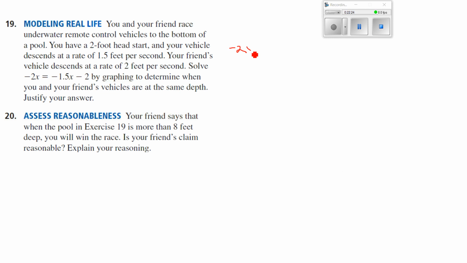Negative 2x is going to be equal to negative 1.5x minus 2. I'm going to combine my coefficients here. So I'm going to move this over here. That's going to give me a positive 1.5x on both sides.